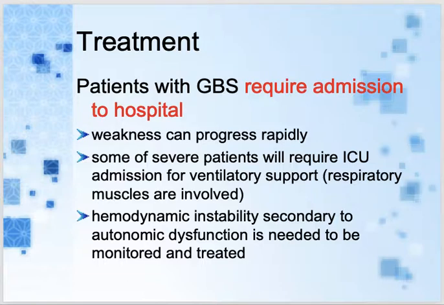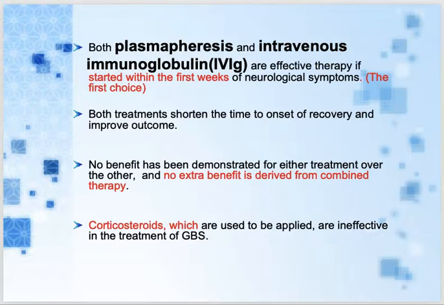But to tell you in detail, most of the patients require hospitalization. Why? Because each day counts. Around 2 weeks after the first symptoms appear, immunotherapy is no longer effective. So what we give them is a high dose of intravenous immunoglobulins. This is a very, very effective therapy.